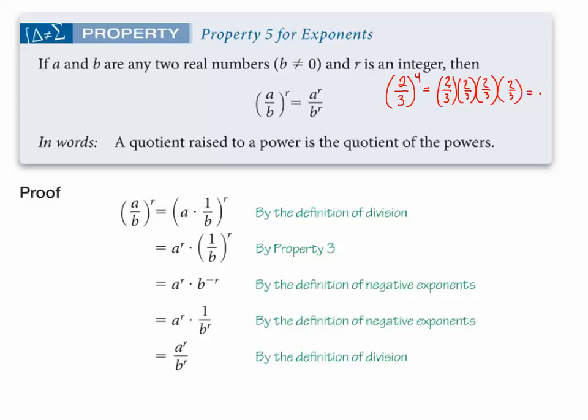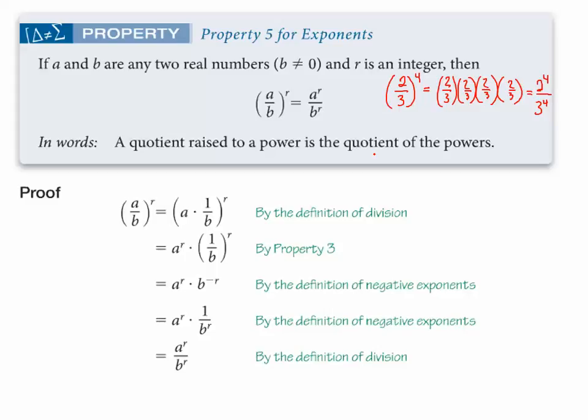But eventually, if we think about it, aren't you just multiplying 2 times itself 4 times? And aren't you multiplying really 3 times itself 4 times? So you see, that exponent of 4 really just goes to each one of those numbers. It goes to the numerator, it goes to the denominator. And again, simplified version, I don't need to keep on rewriting that same exact number so many times.